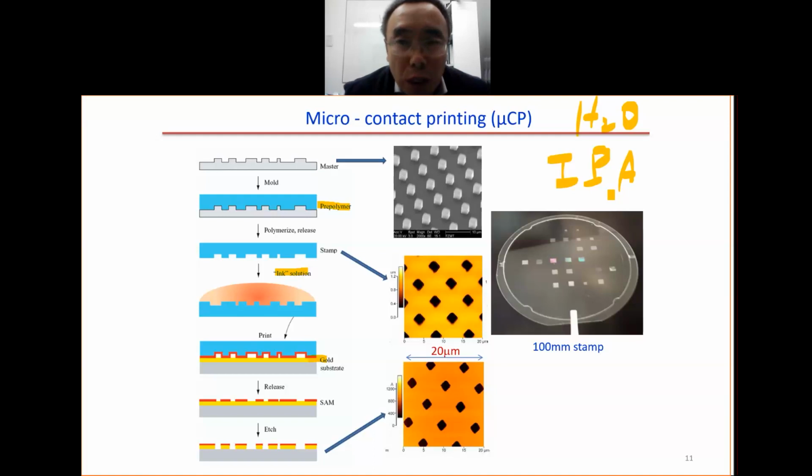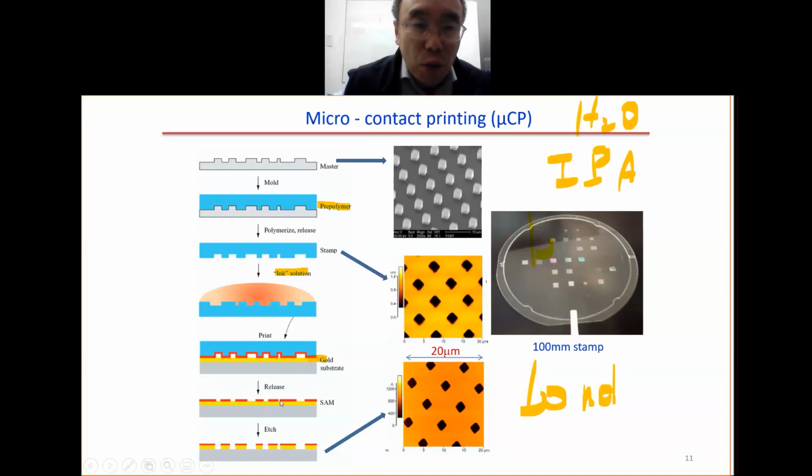This will not work because even though you can transfer the solvent onto the substrate, it will vaporize and dry off in a short time. So this is not good. The other thing is that for the ink to work as the etching mask, we need the ink to bond to the gold, so that we have very stable ink molecules on the gold.